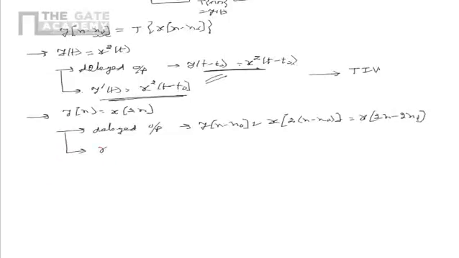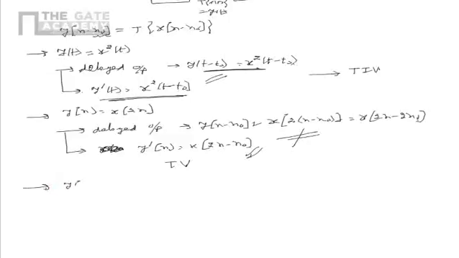Whereas for a delayed input, the output would be y dash n is equal to x of 2n minus n naught. This is because the input is delayed by n naught. We see that the output due to the delayed version of the input is not equal to the delayed version of the output. From this, we see that the system is time variant.